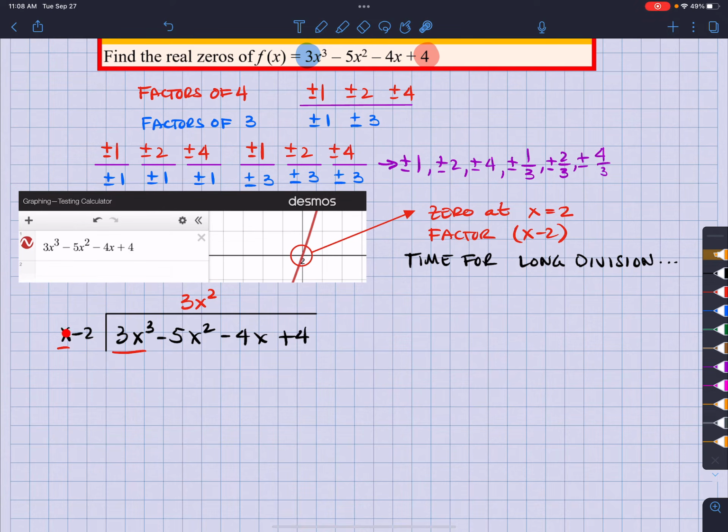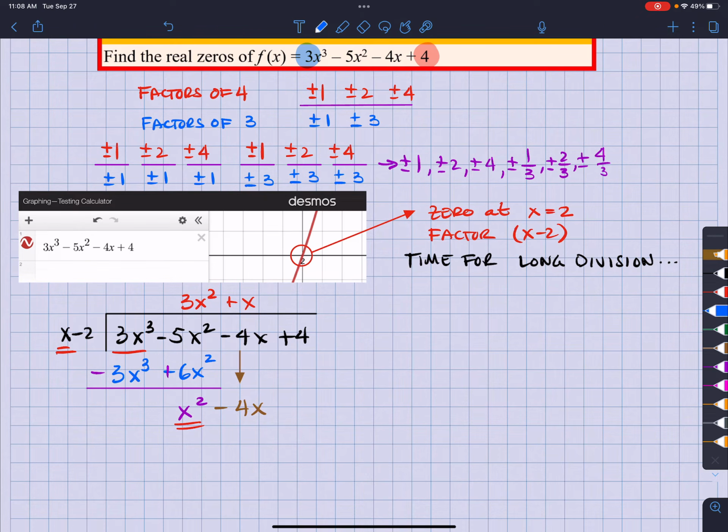Then I've got to multiply to both, and I'm going to get 3x to the third minus 6x squared. I have to flip the signs and add. I'm going to be left with x squared, and I've got to bring down the next thing, which is minus 4x. Ask myself, how many times does x go into x squared? It's going to be positive x times.